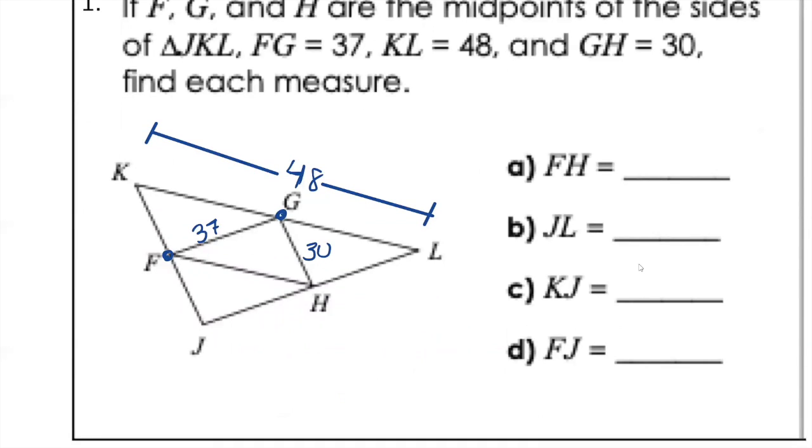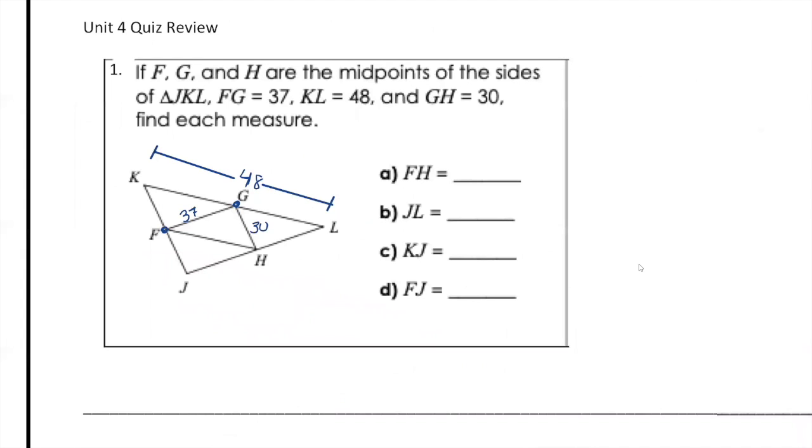All right, so FH is our first one. How are we going to solve for FH? What are we going to do? 48 divided by 2. Why? Because 48 is like the corresponding line to FH. Good. So FH is half the value of KL. FH is the midsegment to that third side.